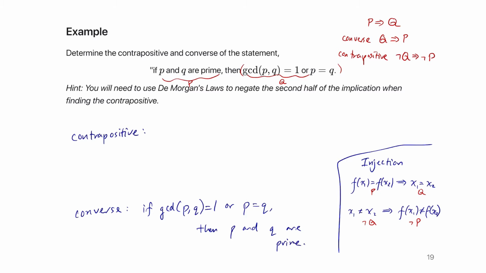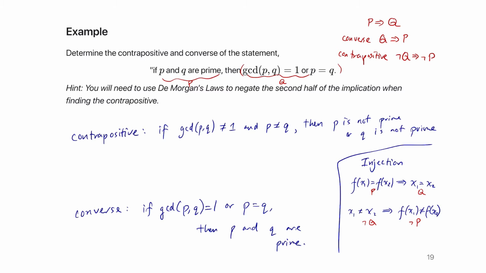What's the contrapositive? Yeah. If the greatest common denominator of P and Q does not equal 1, and P does not equal Q, then P is not prime, or Q is not prime. Great.